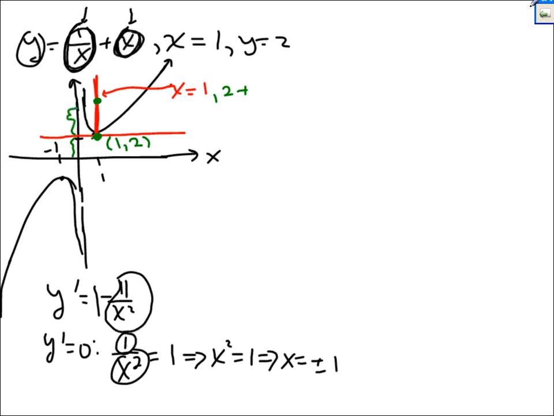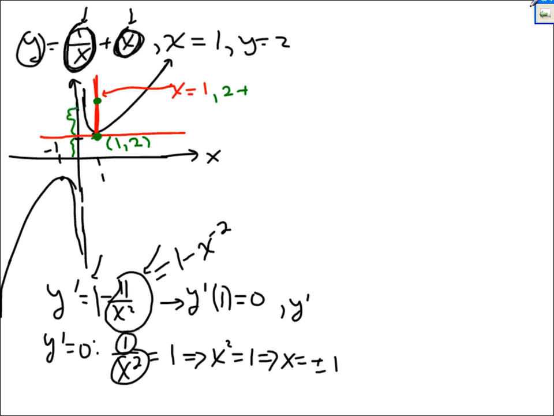Okay, so y prime of 1: well, 1 over 1 squared is 1. 1 take away 1 is 0. Now we need to find the second derivative. Remember, this first derivative is 1 minus 1 over x squared, which I'll write that way for now.